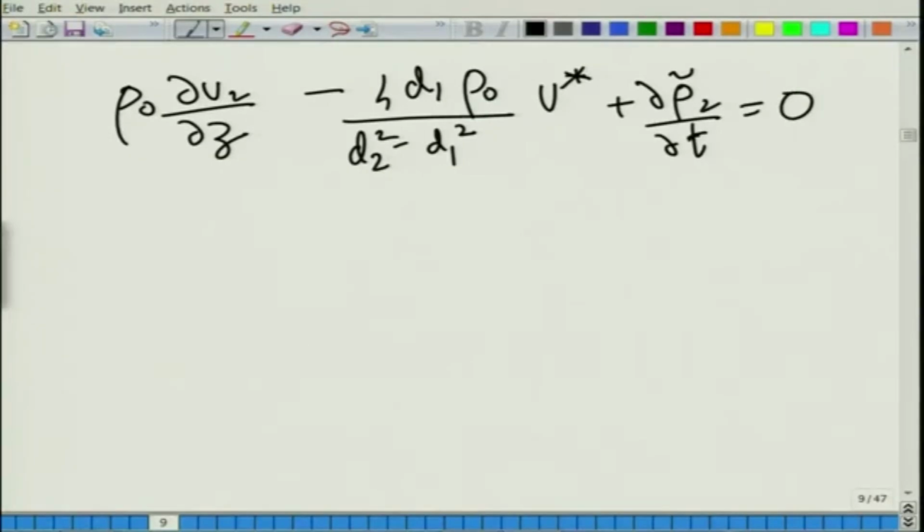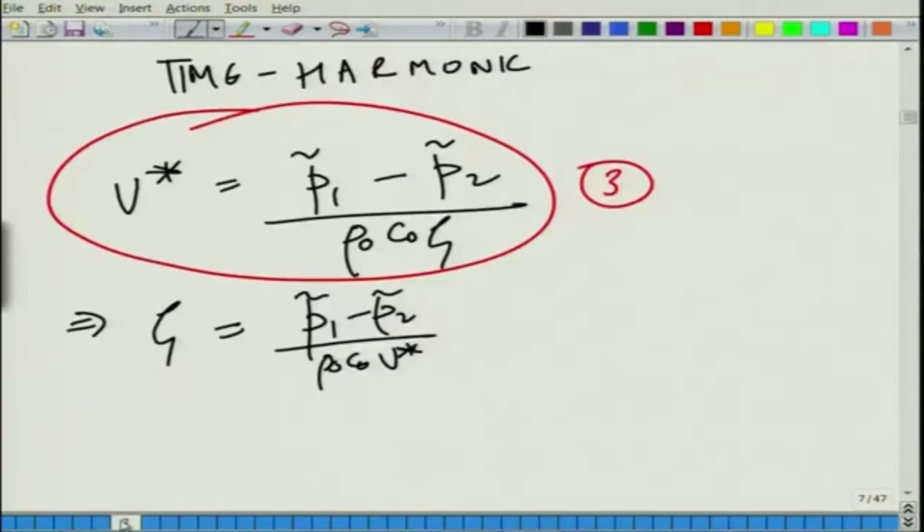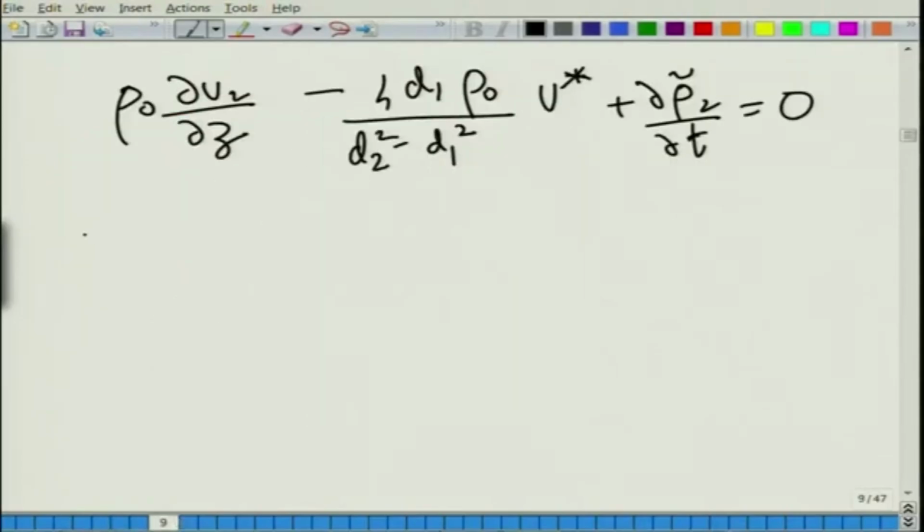Okay. Now, as usual we put this expression P1 minus P2 divided by this thing in here, and also simplify things by assuming the following form.